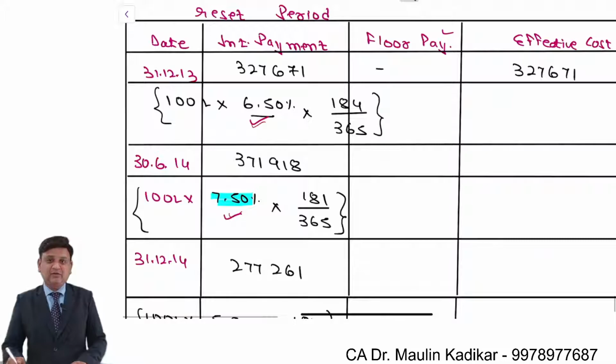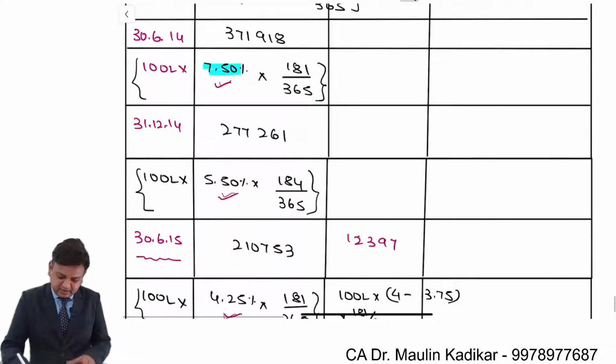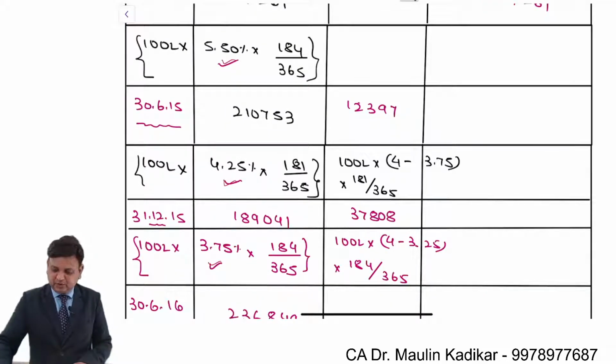So now the effective cost will be calculated. Over here it will be 3,71,918, 2,77,261, 2,10,753 plus 12,397.